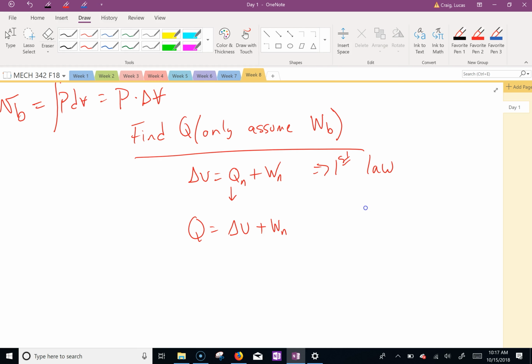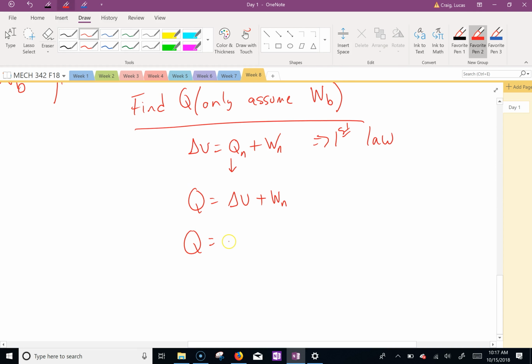We can break this down to M delta U plus P times delta V. We're only assuming boundary work, and it's expanding, so the net process is going to be out.